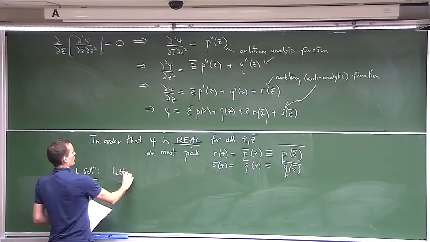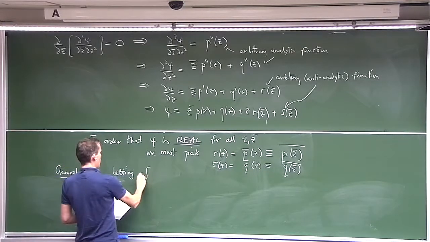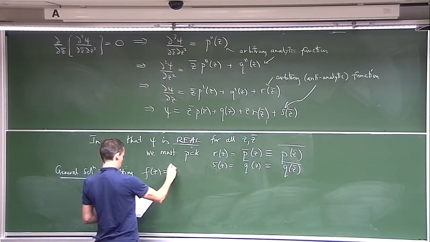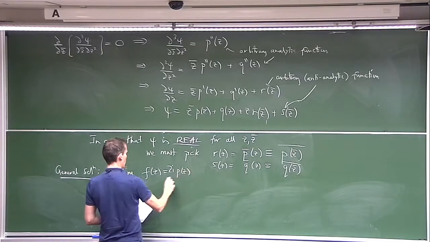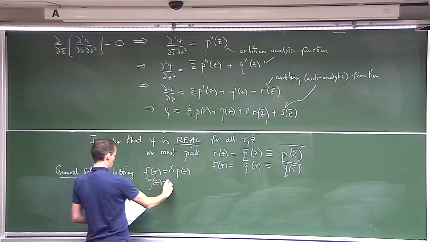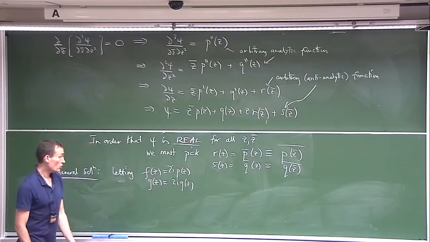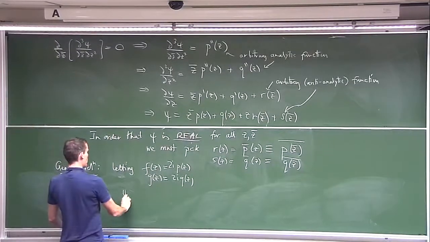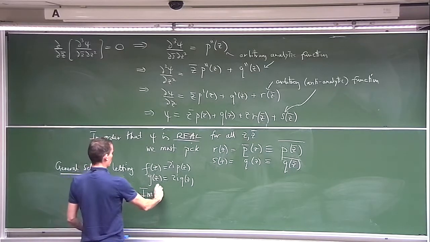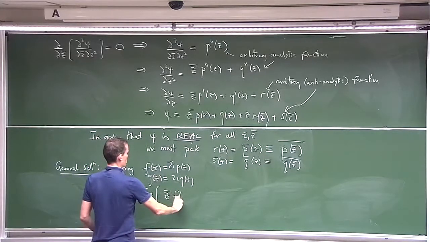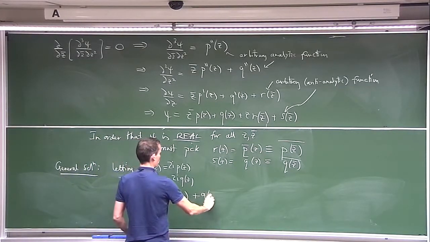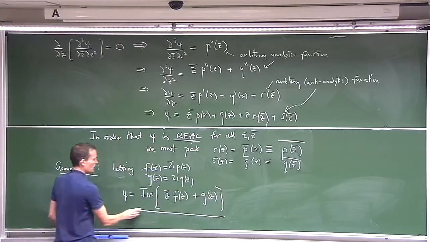Don't forget, P and Q are arbitrary. So letting f of z be 2i p of z, g of z being 2i q of z, which are equally arbitrary. If p and q are arbitrary, then we get that psi is the imaginary part of z bar f plus g. I just did that to put it in the standard notation.